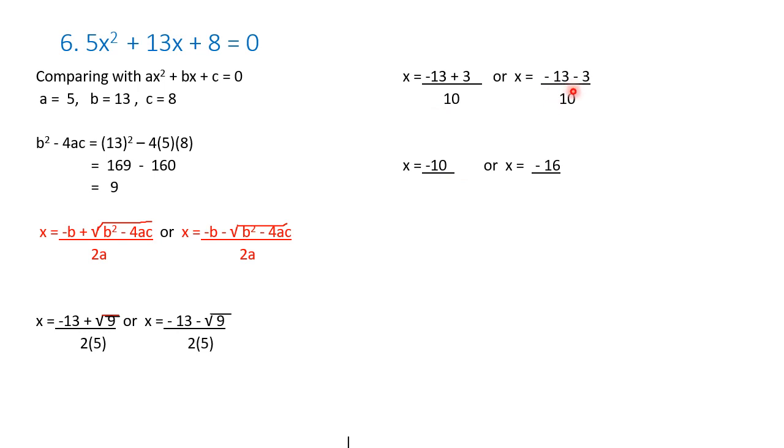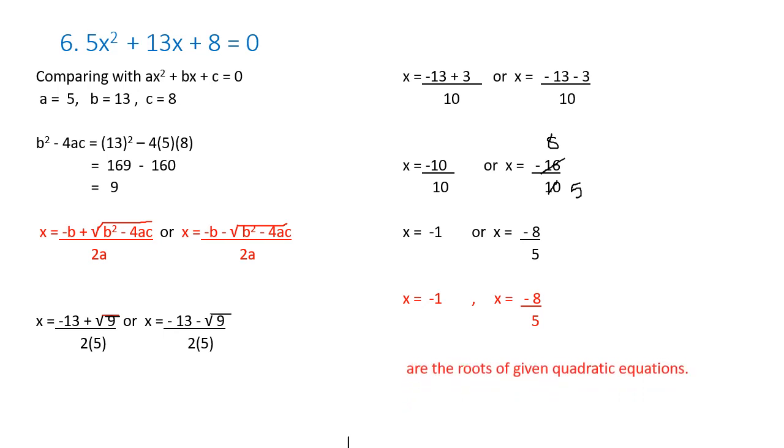Similarly, minus into minus is plus here: 13 plus 3 is 16, with the sign of the bigger number, upon 10. So 10 divided by 10 will be minus 1, and 16 divided by 10, if we divide this by 2, 2 8s are 16, 2 5s are 10. So this becomes minus 8 upon 5. So these are the roots of our given quadratic equation.